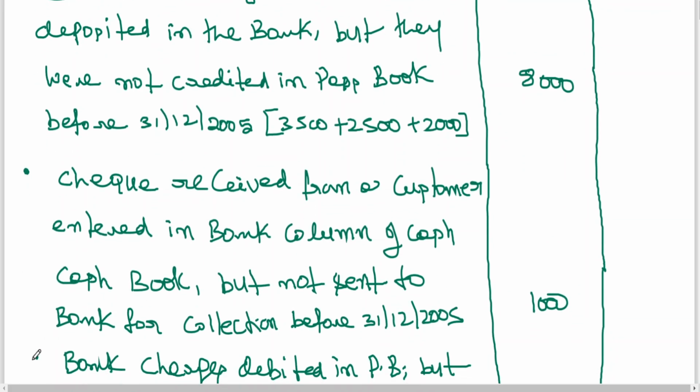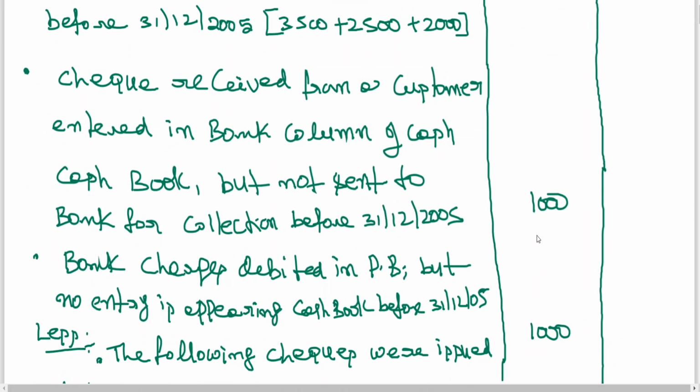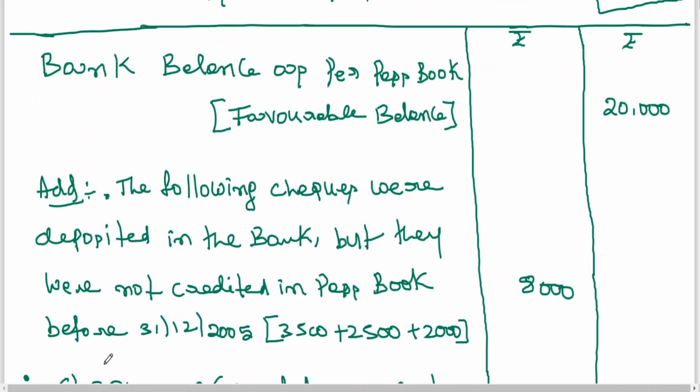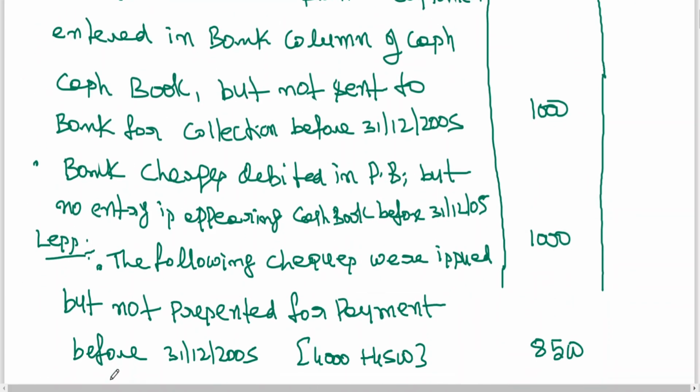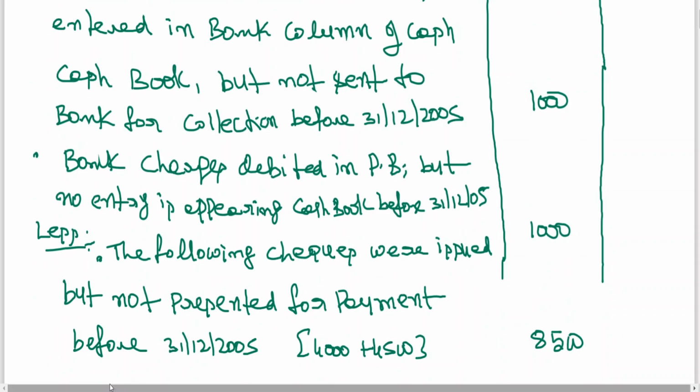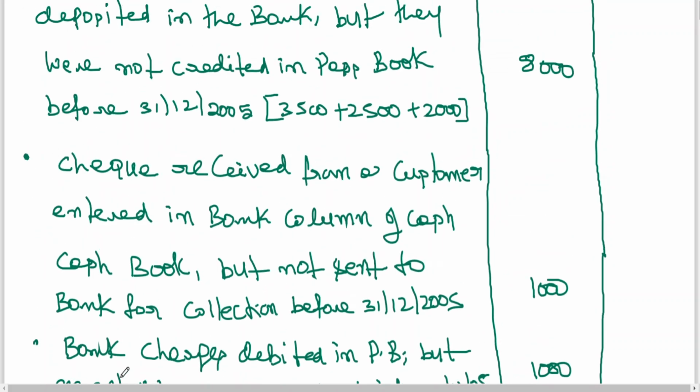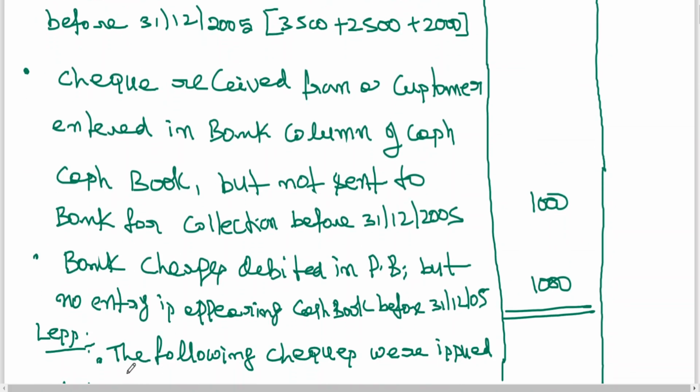So add, how many items are we having? Two items. 2 or 3? 8000, 1000. There is one more 1000. 1000 is also here. So it is coming to 10,000.